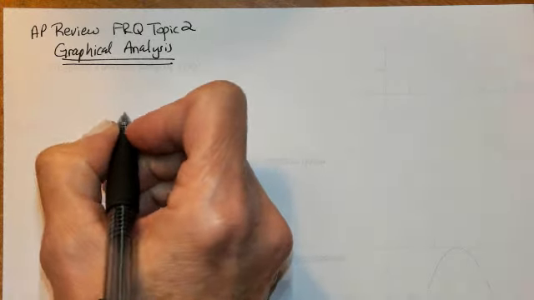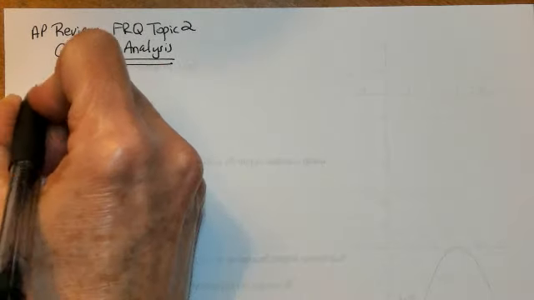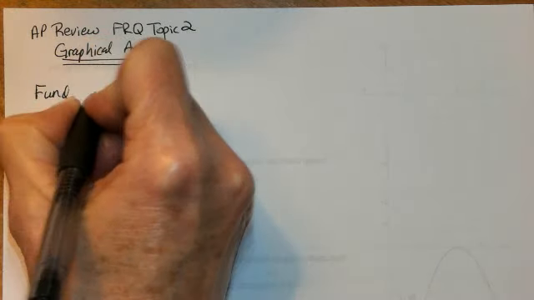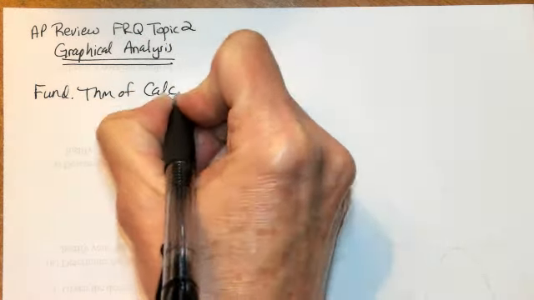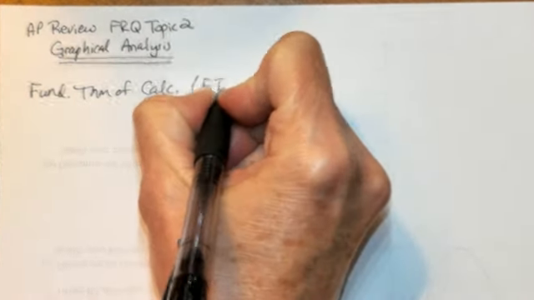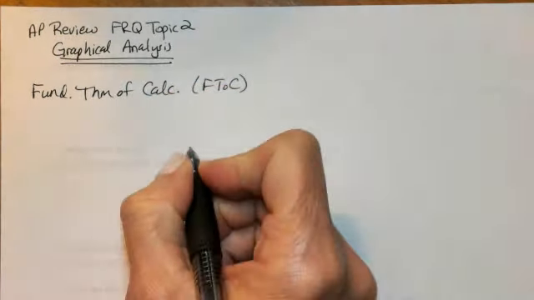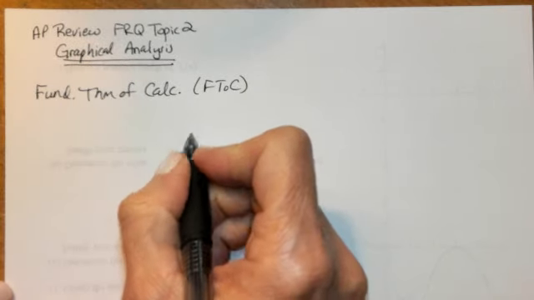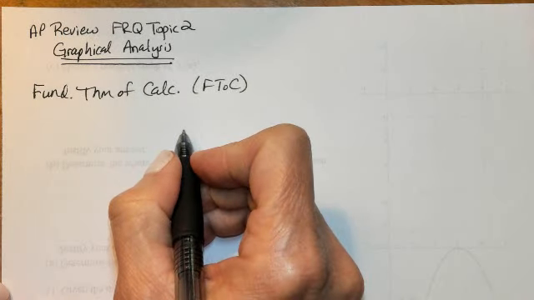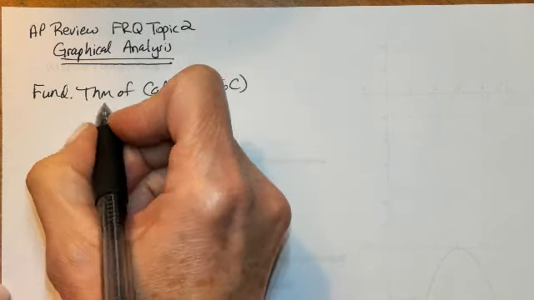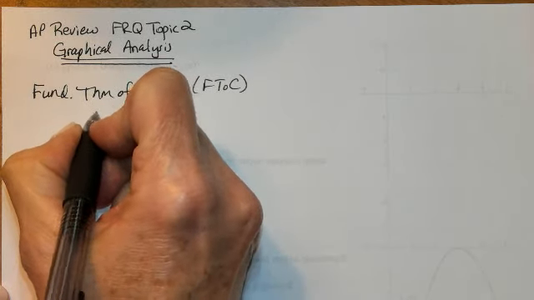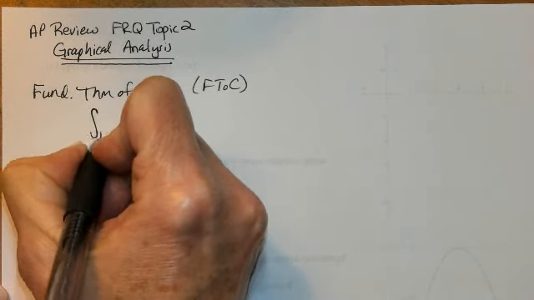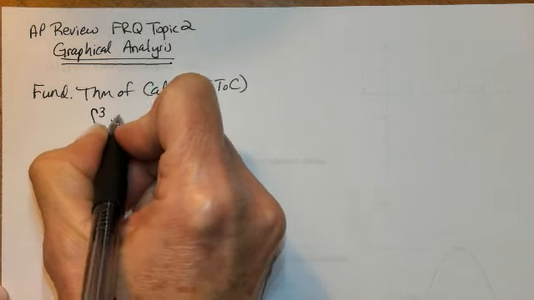Let's do a brief review of the fundamental theorem of calculus, abbreviated FTOC. We began using it before we even called it the fundamental theorem of calculus, when we first started our integrals as area under a curve.